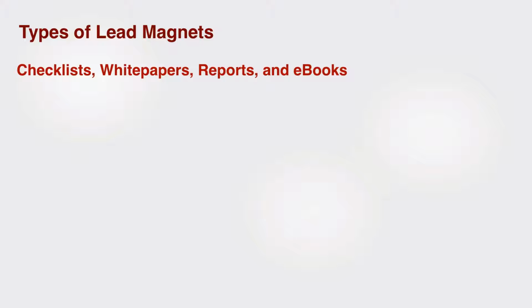In your industry, you might call them something else. You have reports, which are basically PDF reports 7 to 10 pages long, and then you have ebooks, which can be anywhere from 10 pages to 100 pages long. Those are all good candidates for lead magnets.